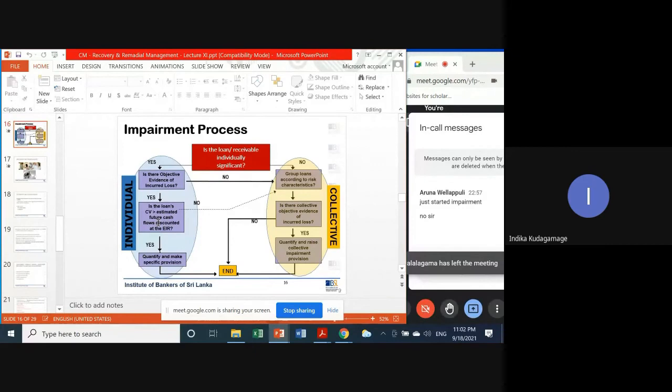If objective evidence is here, what you do, you project the future repayments to the best of your knowledge. How do you project the future repayment? If it is a long-term loan, you have your repayment schedule. You decide, okay, he or she will pay regularly for the rest of the period, or will pay with a repayment delay, or they will not pay.